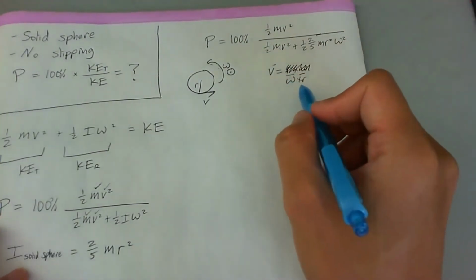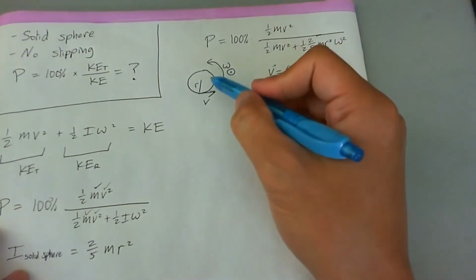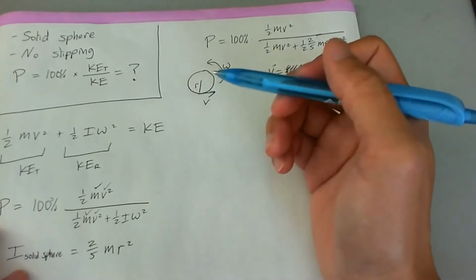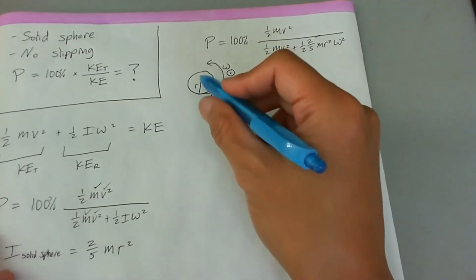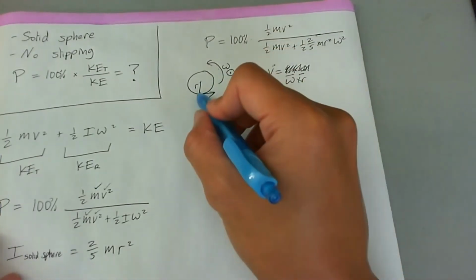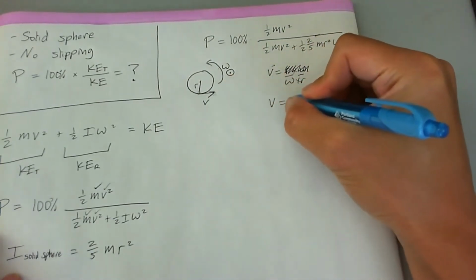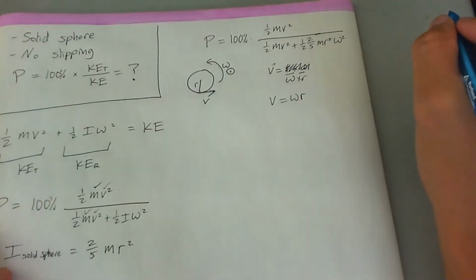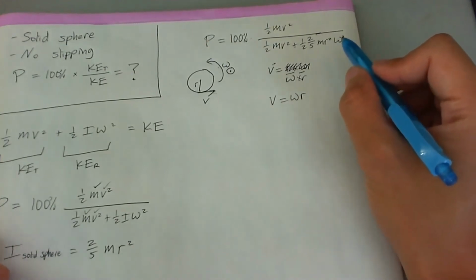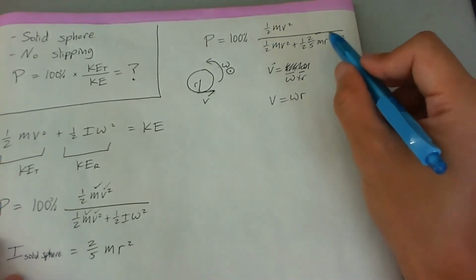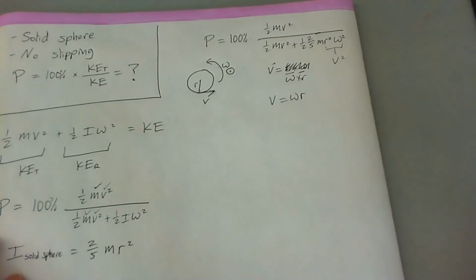So let's make sure that we are okay with using this equation. Omega points up, r points down, and using the right-hand rule, v is going to point to the right. And this all works out, and they look like they're all perpendicular to one another. R points this way, v points this way, omega points upward. So we can simply say that the scalar version of v is simply omega r. So if we have omega squared r squared, which is the same as omega r quantity squared, then this actually ends up becoming v squared.